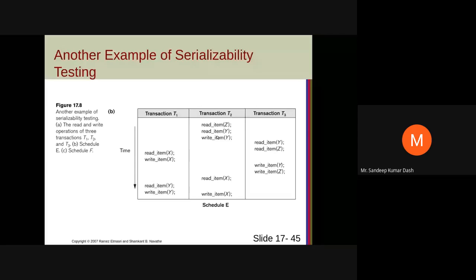Even if it is executed in an interleaved manner with T1 and T3, the same sequence is maintained. There may be a delay between this and this, but it is in the same sequence. That is the concept of a schedule. You get to see a number of transactions with interleaved execution, but given the constraint that the operations in a transaction should be executed in the same sequence as if they had occurred alone.